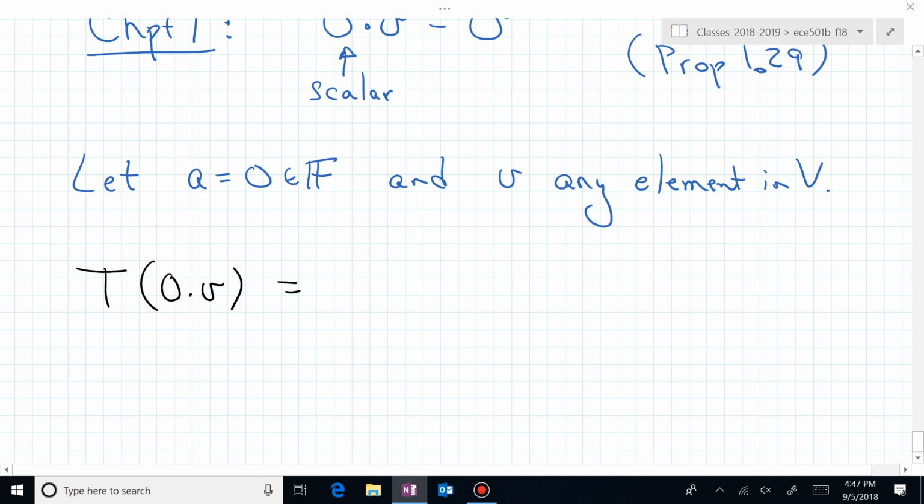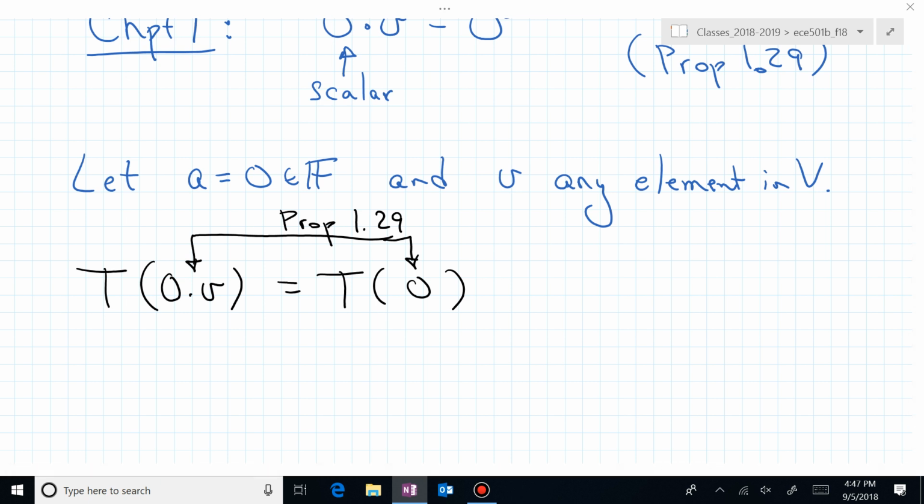What's in that argument? Isn't that 0? We're just applying proposition 29 with our argument.